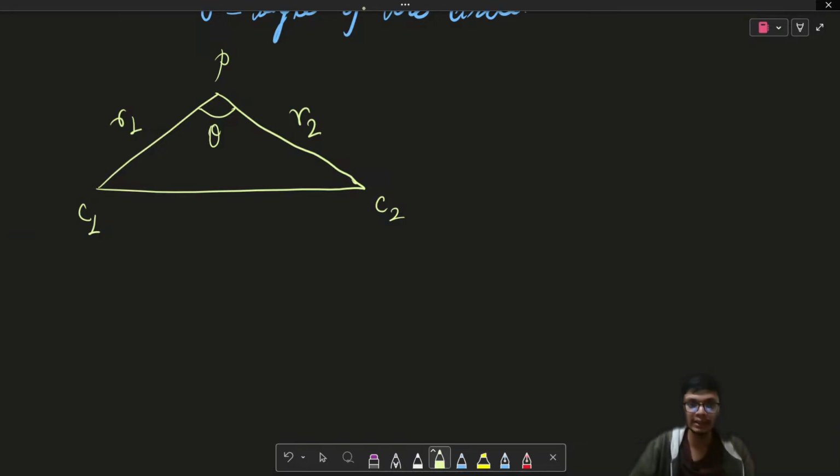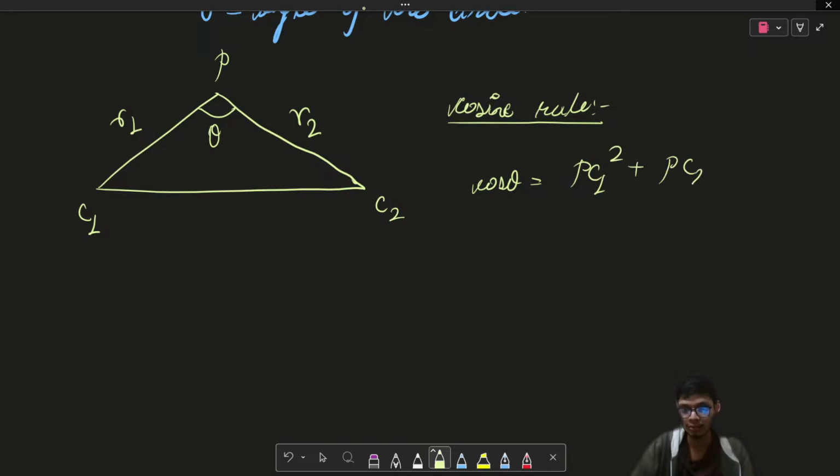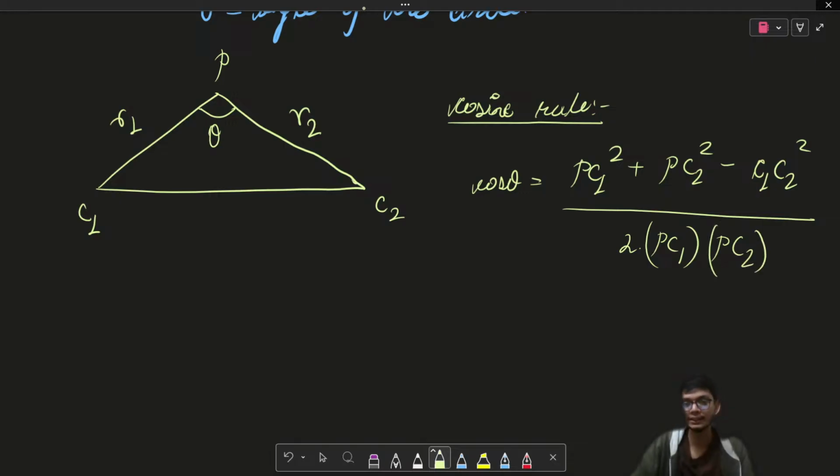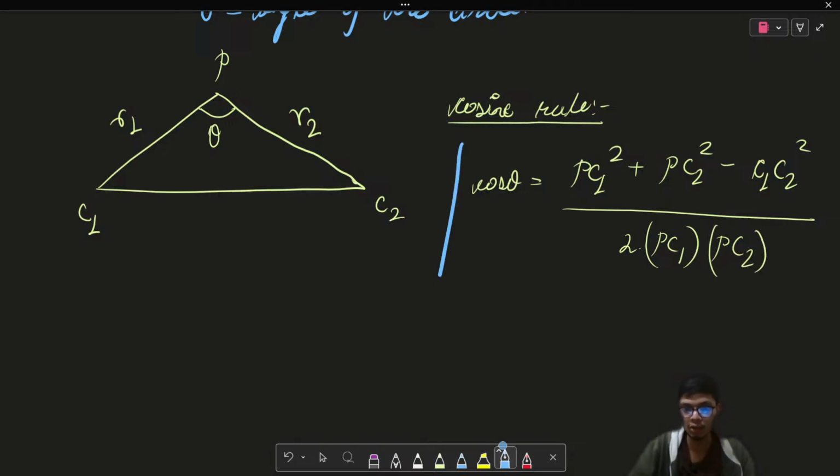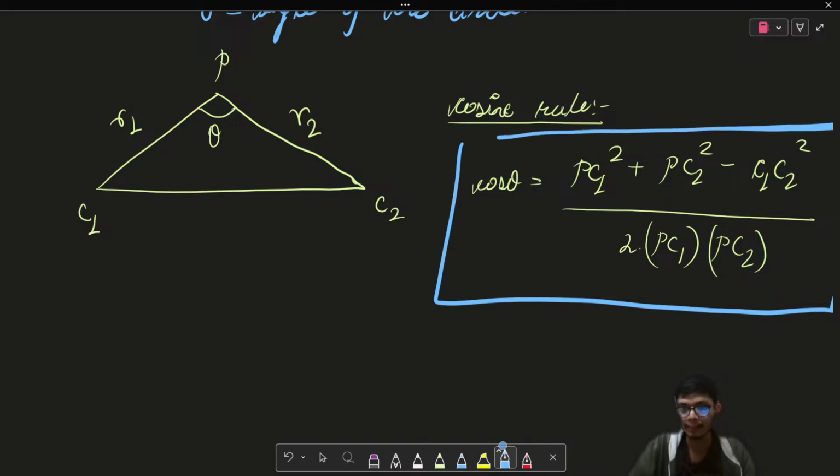In order to estimate this angle theta in any arbitrary triangle, we will take the help of the cosine law, the cosine rule, which is taught in solution of triangles. Using the cosine rule, cosine of theta is going to be PC1 squared plus PC2 squared minus C1C2 squared, whole divided by 2 times PC1 multiplied by PC2.